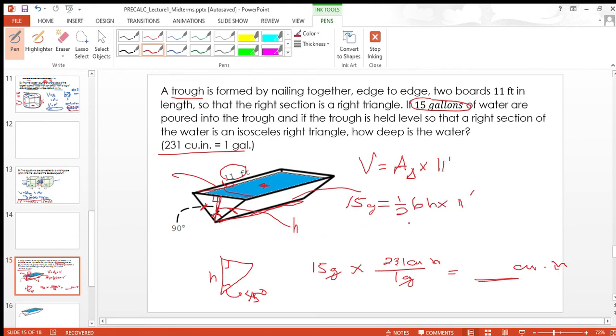Okay. So, pag nag-compute kayo, syempre ito naka-cubic inches na. So, just get the value here. Kung ano man yung nakuha mong value rito, inject mo rito. Equals 1/2 BH times, convert also ito, 11 feet in inches.